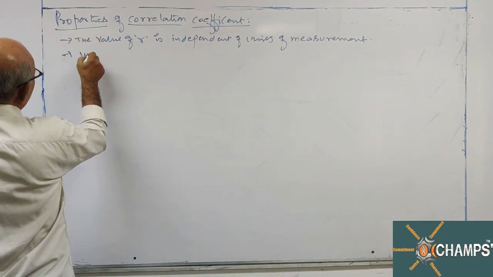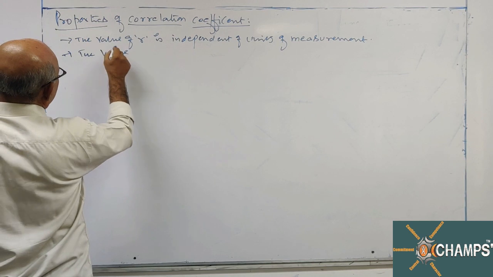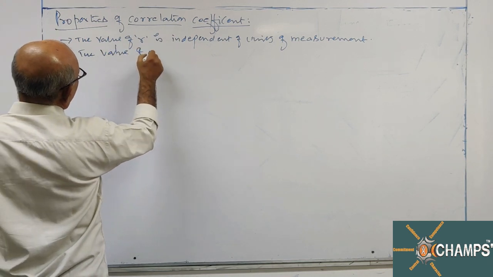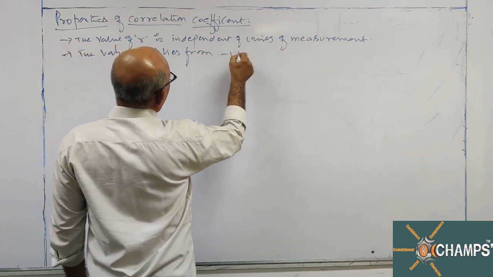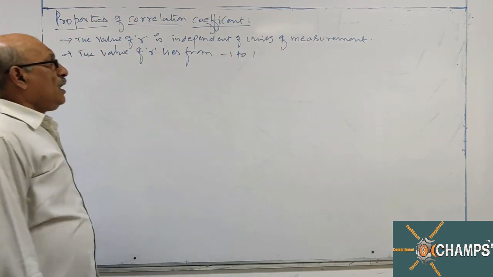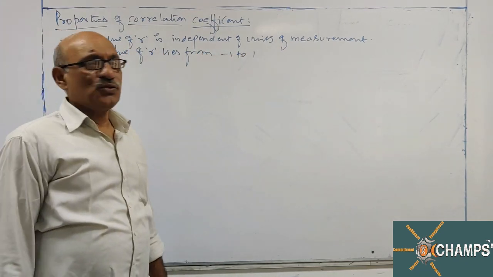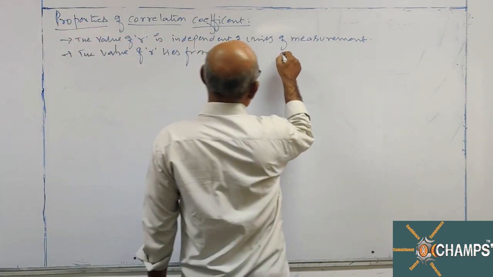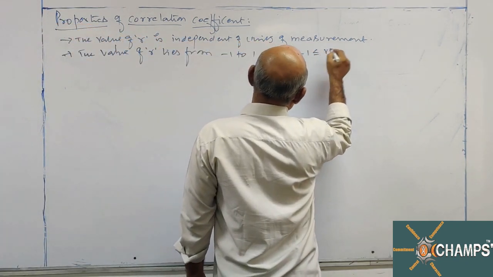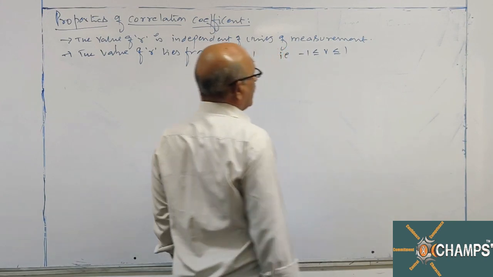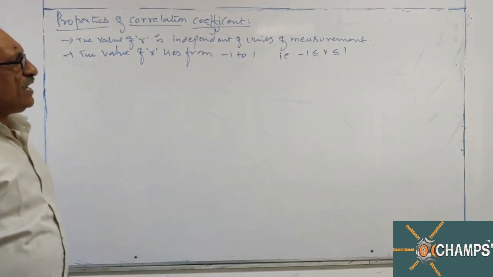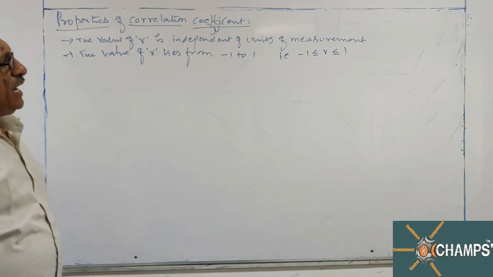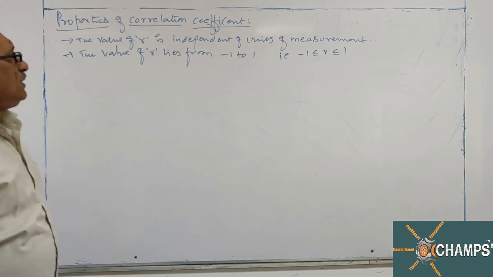Second one, the value of R lies from -1 to +1. That is, -1 is less than or equal to R and R is less than or equal to 1.